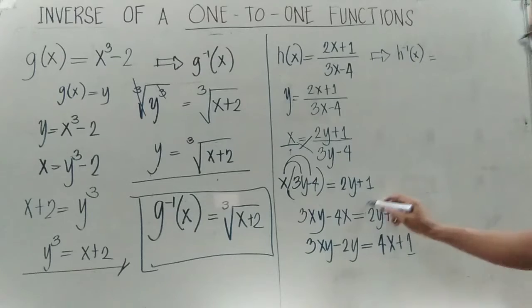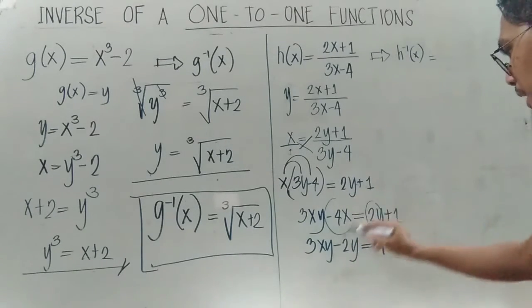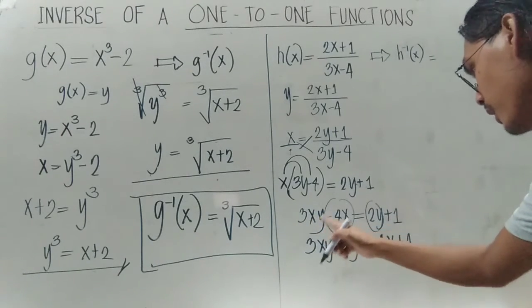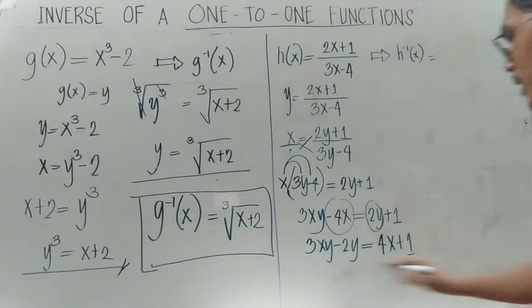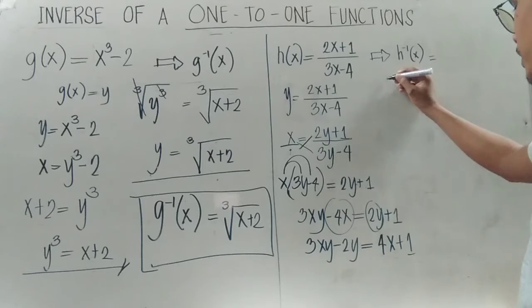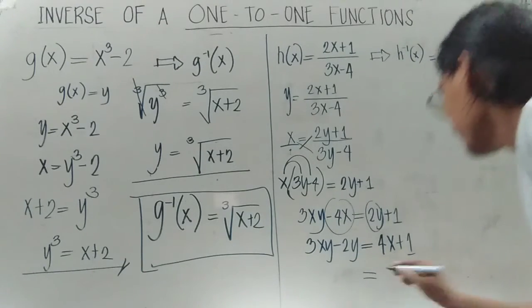So 2y is transferred to the other side, so we have negative 2y. Then minus 4x transferred to the other side, we have positive 4x. Copy plus 1, copy 3xy, so we have this one.